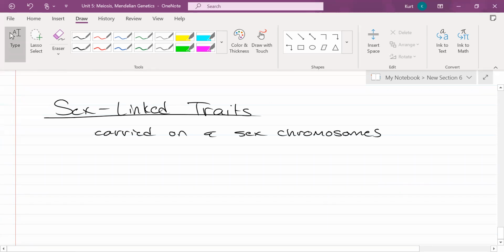Who did he inherit the trait from? His mom. Here's what he looks like. That is his genotype. He tells me his father's not colorblind. So what type of allele is on his father's X? A dominant or a recessive? And there's the father. What chromosome did this male student of mine inherit from his father? His father's X or his father's Y?